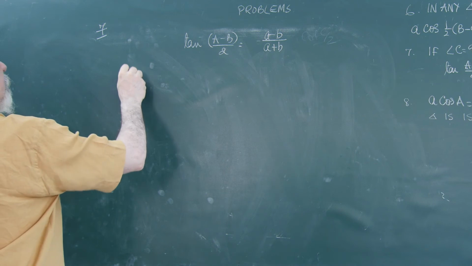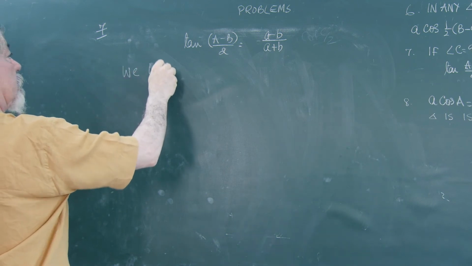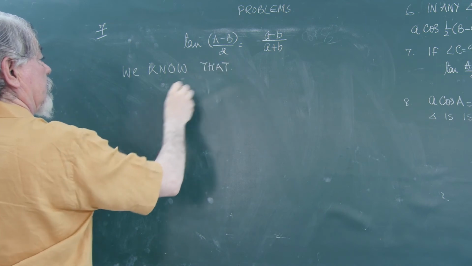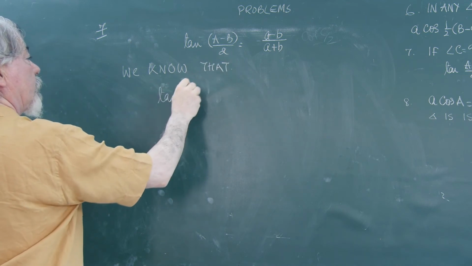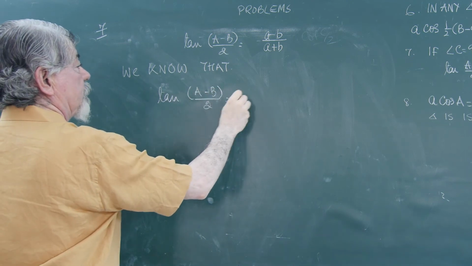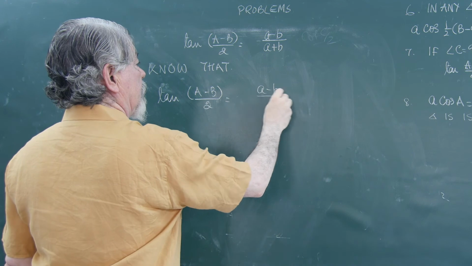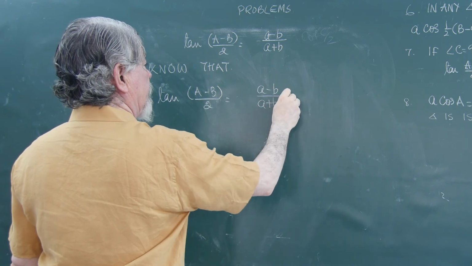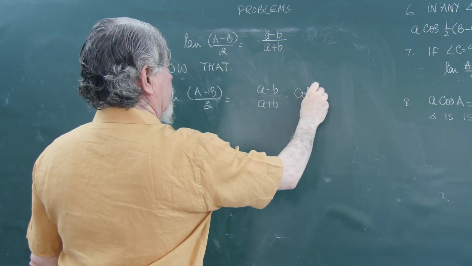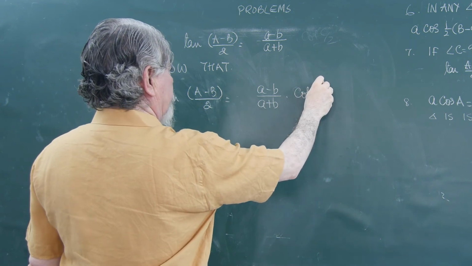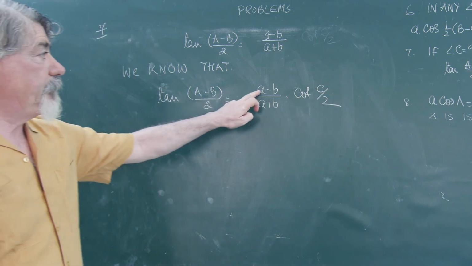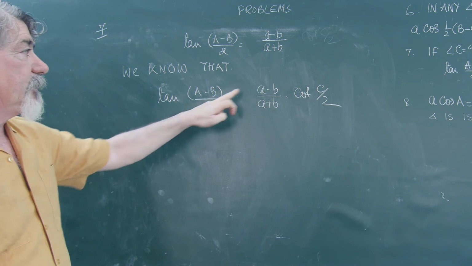We know that this is the tangent law: tan (A minus B) upon 2 will be equal to (a minus b) upon (a plus b) into cot C by 2. What angle is not here?